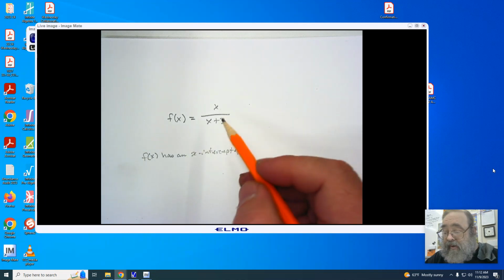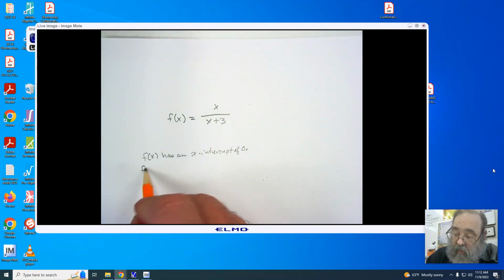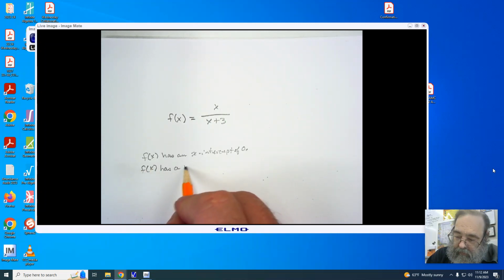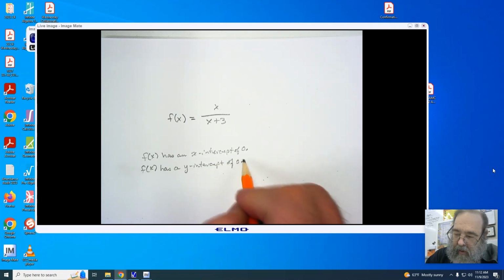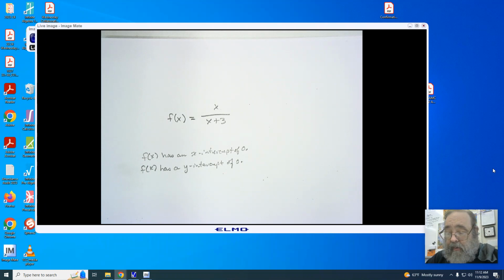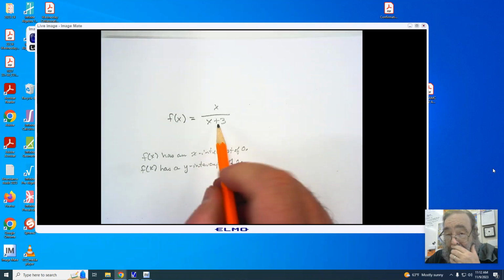Then we go to the y-intercept. The y-intercept is when x equals 0, we get 0 over 3, and so f of x has a y-intercept that's 0. We then go to our vertical asymptote. Our vertical asymptote is what makes the denominator equal to 0.